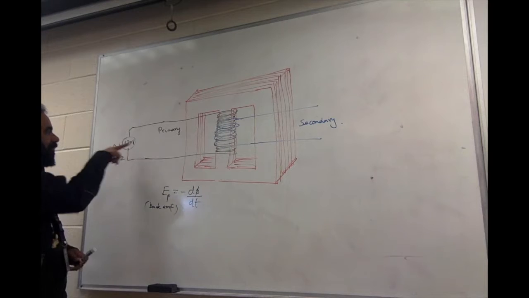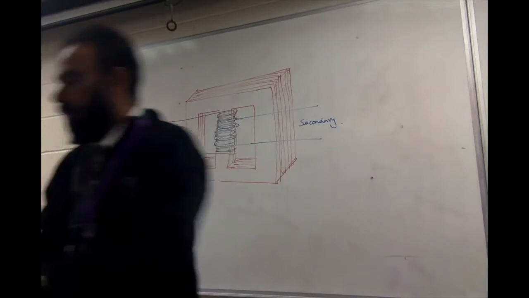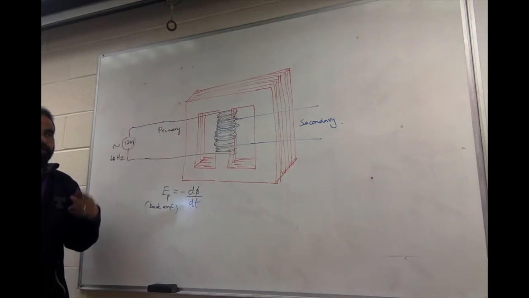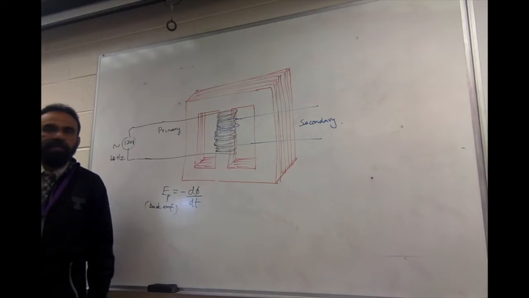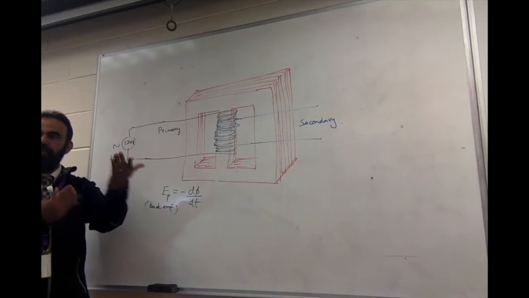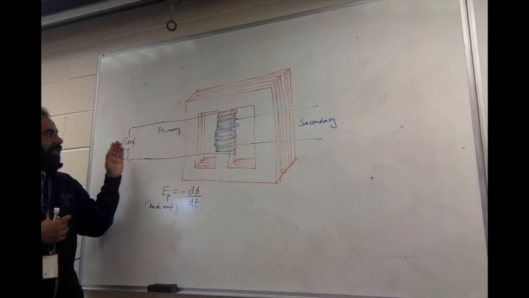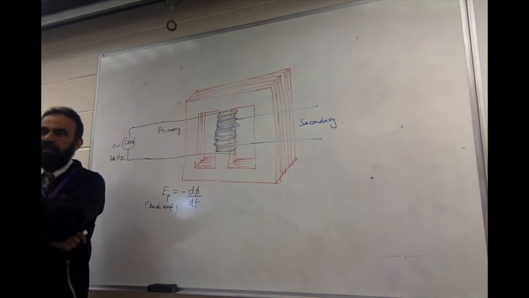Now, you're putting in 120 and you're getting back almost 120, like 119.99. So what's the net voltage? It's like 0.01. The net voltage, because it's a back EMF, is going to be opposite, right? So the net voltage is going to be hardly there, 0.01 or something.